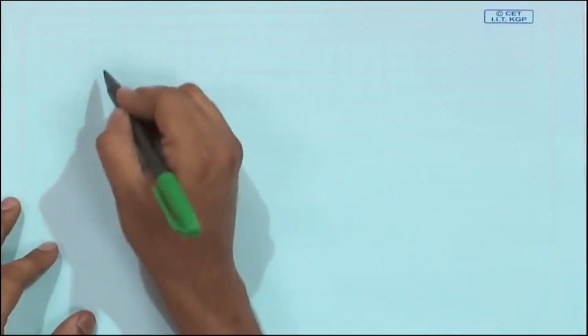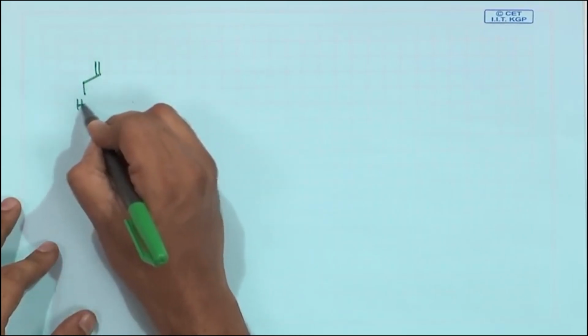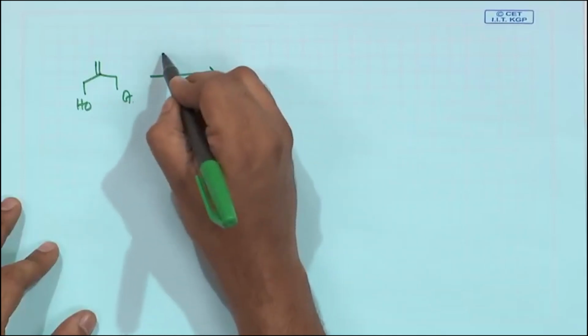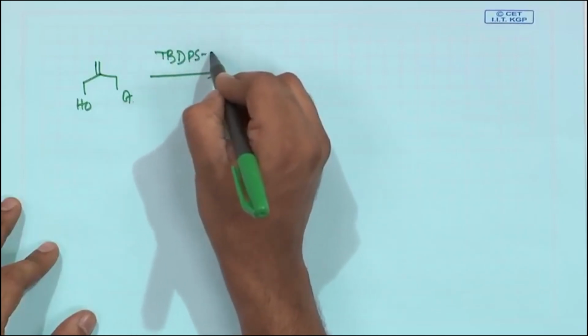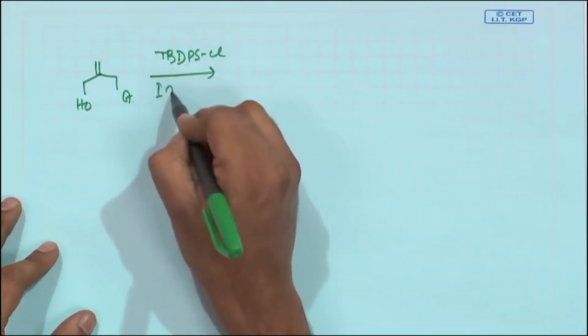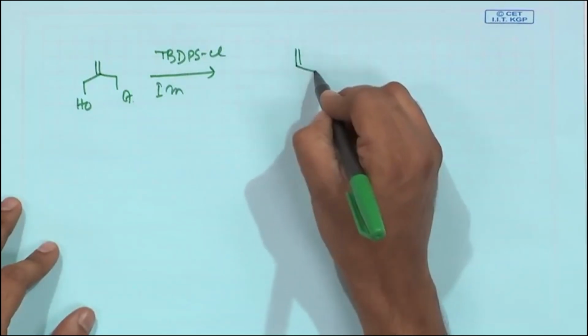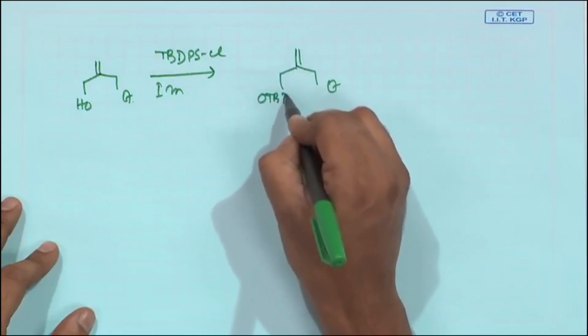Now, coming to the forward synthesis. You start with the compound which was given to you. First, protect it with TBDPS chloride. TBDPS we already explained is a protecting group; with imidazole, only one equivalent is required because there is only one hydroxy group. So, it will be OTBDPS.